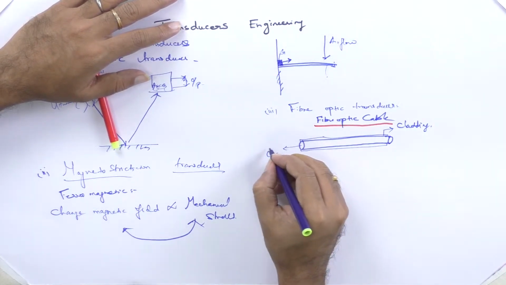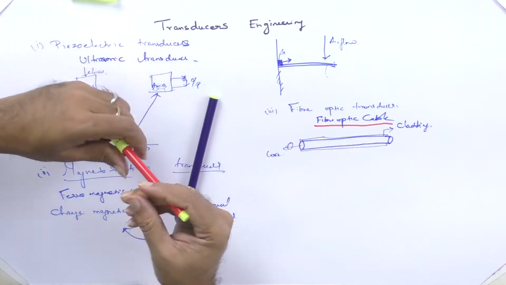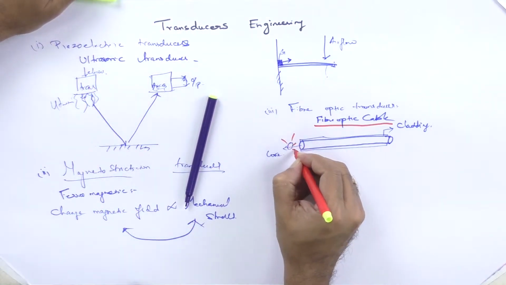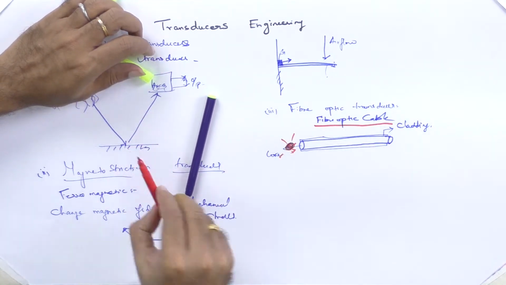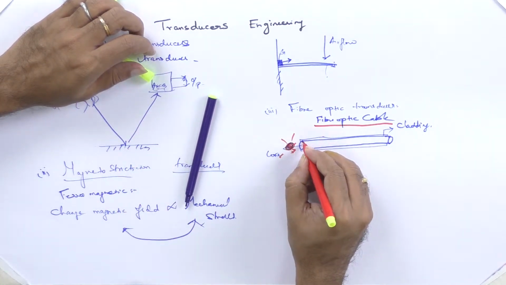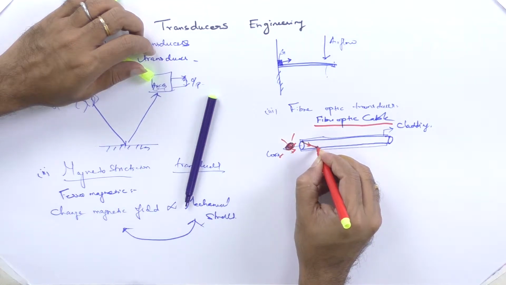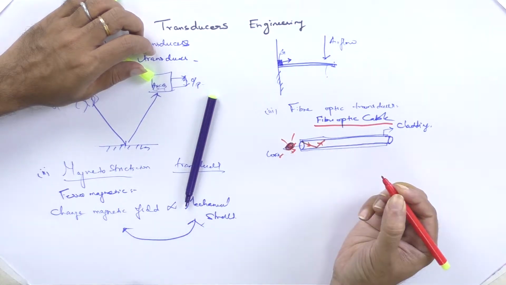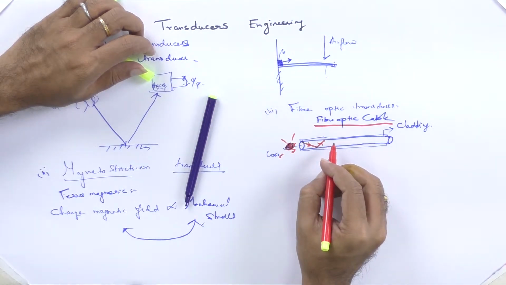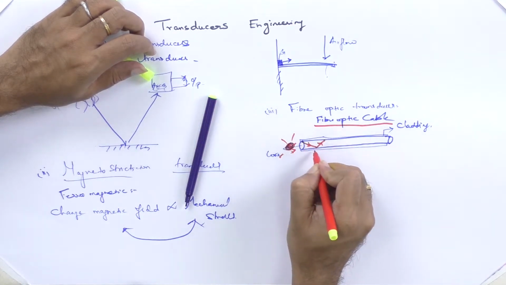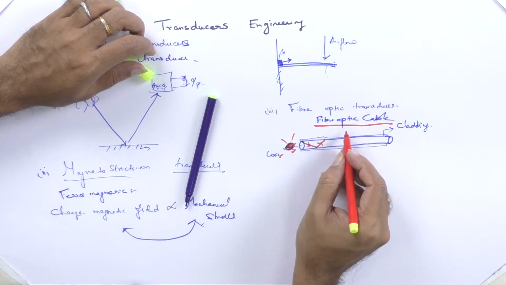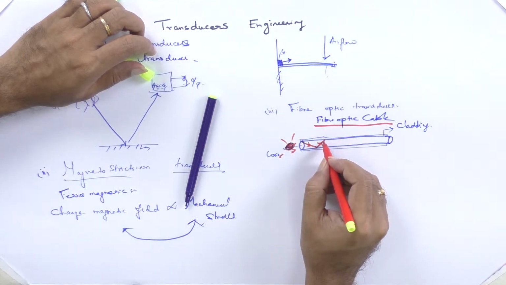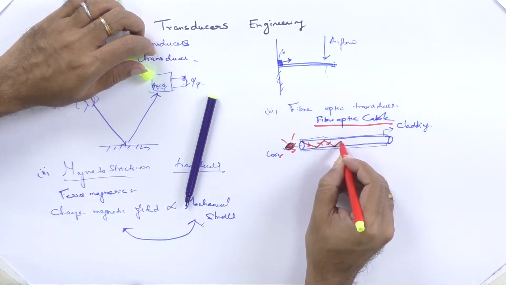We have a light source here, and light enters. Because the core has a very critical refractive index, the light passes inside, and the cladding does not allow the light to pass out, so it starts to reflect inside like this.